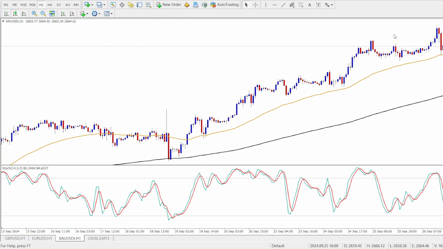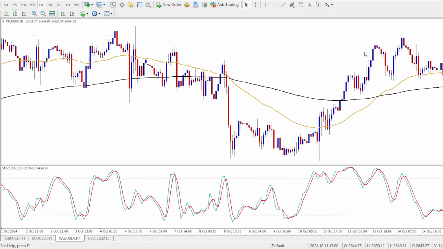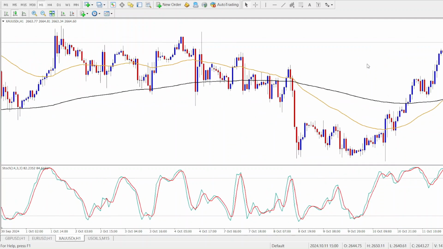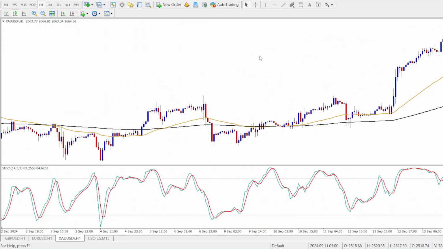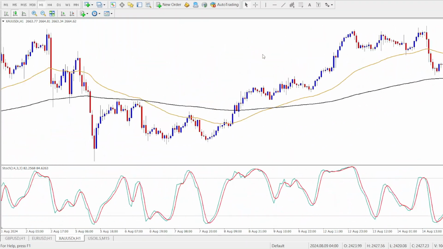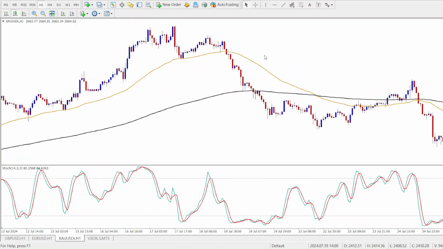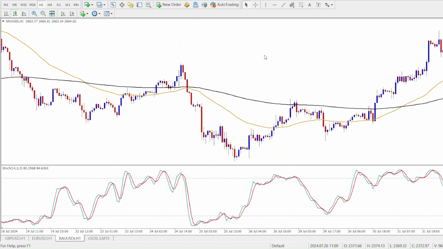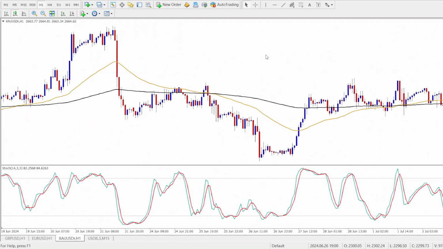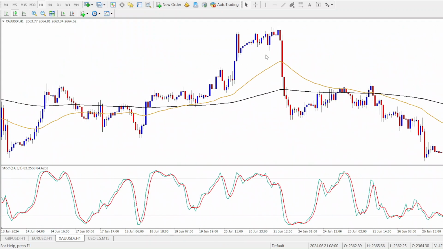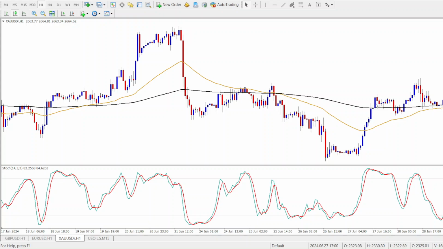On the other hand, if the price is below the 50 EMA and the 50 EMA is below the 200 EMA, it indicates a strong downtrend. Here, price was below the 50 EMA and the 50 EMA crossed below the 200 EMA as well.